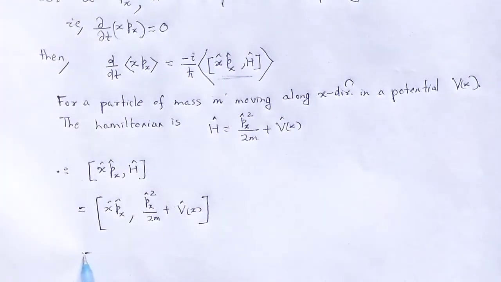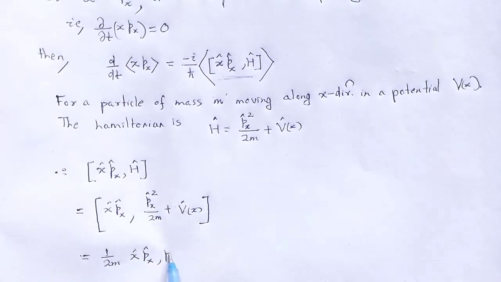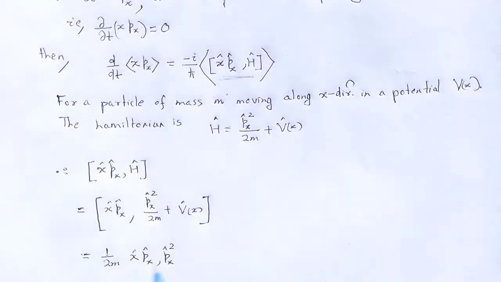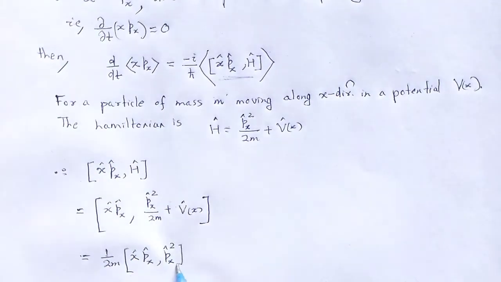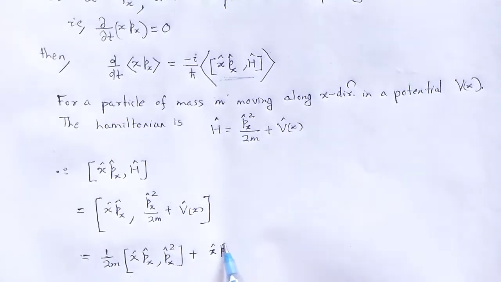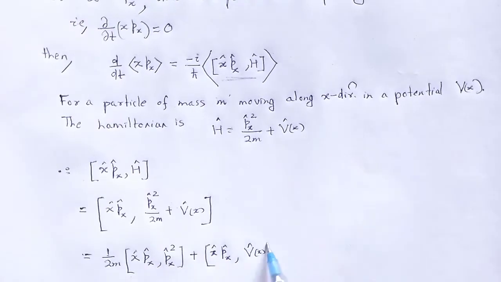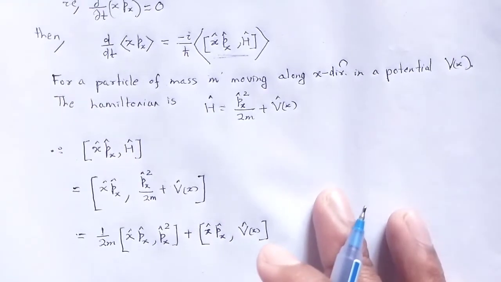This is equal to 1 by 2m times the commutator of x cap px cap with px cap square, plus the commutator of x cap px cap with V cap x.